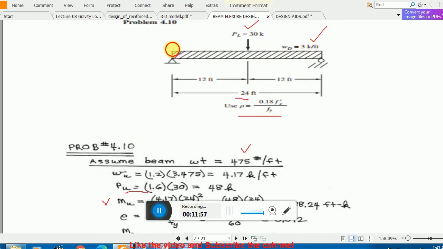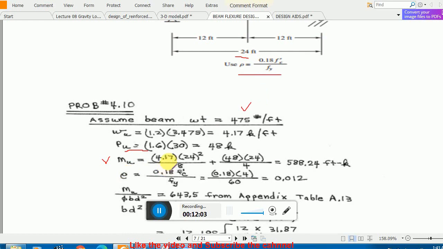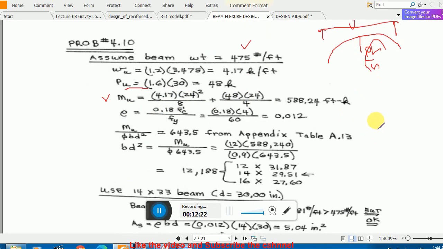Because this is subjected to UDL as well as a point load, in this case your moment equation will be different: wL squared by 8 plus PL divided by 4. Because if you have a point load on your simply supported beam, then the maximum moment will be PL divided by 4. So you have to add this with wL squared by 8. So my maximum value is this one, that is the moment value.